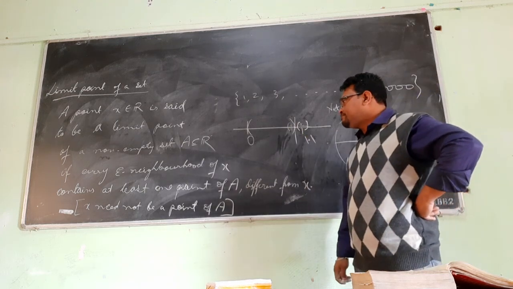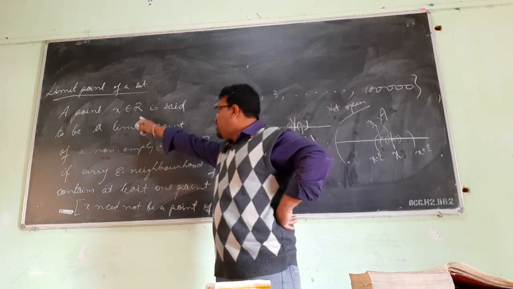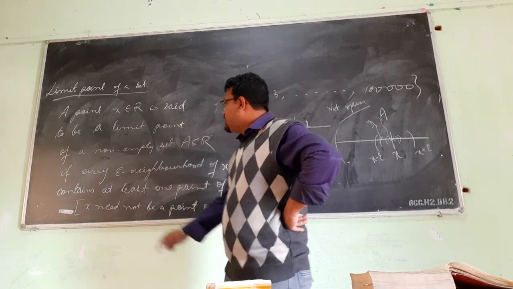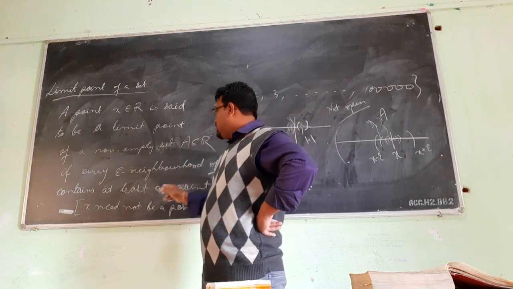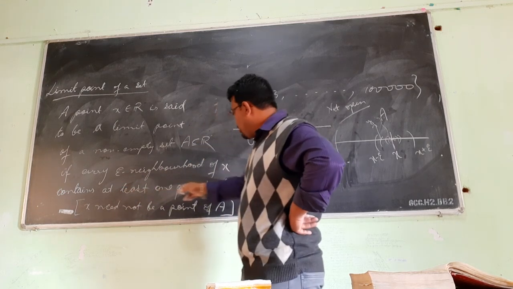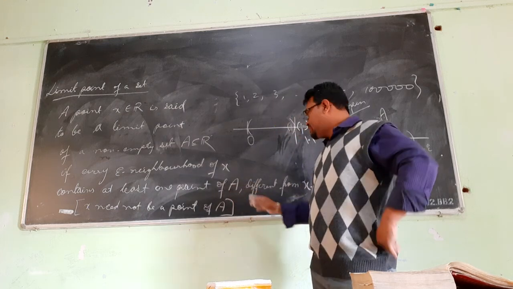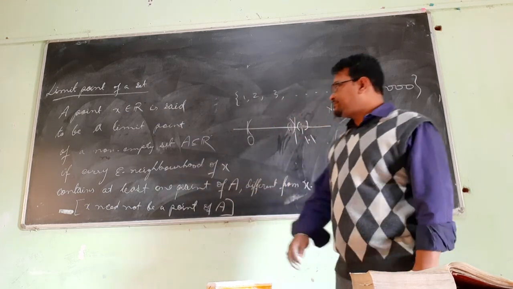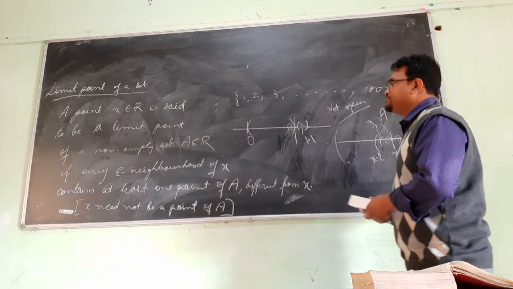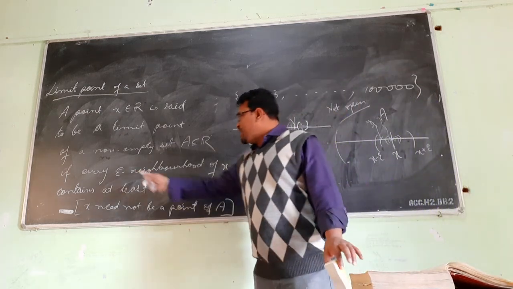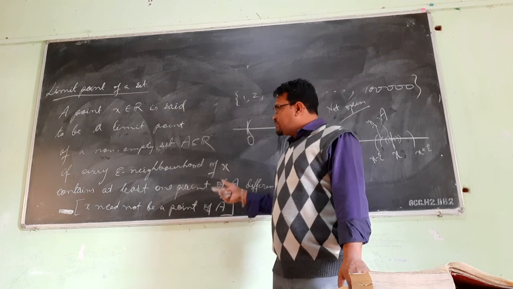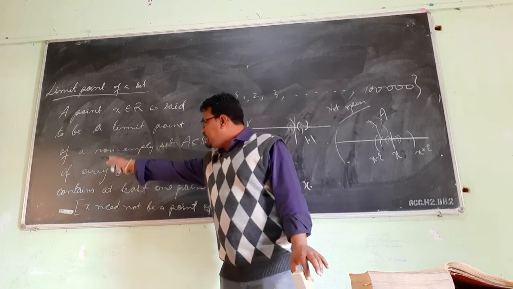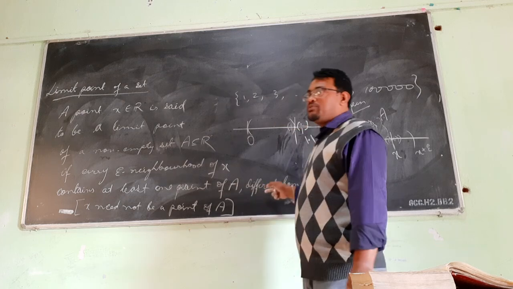So a point is not a limit point if there exists an epsilon neighborhood of x which contains no point of the set H, other than possibly x. It is a limit point if every epsilon neighborhood contains a point of it. It is not a limit point if there is a neighborhood which does not contain any point of it.